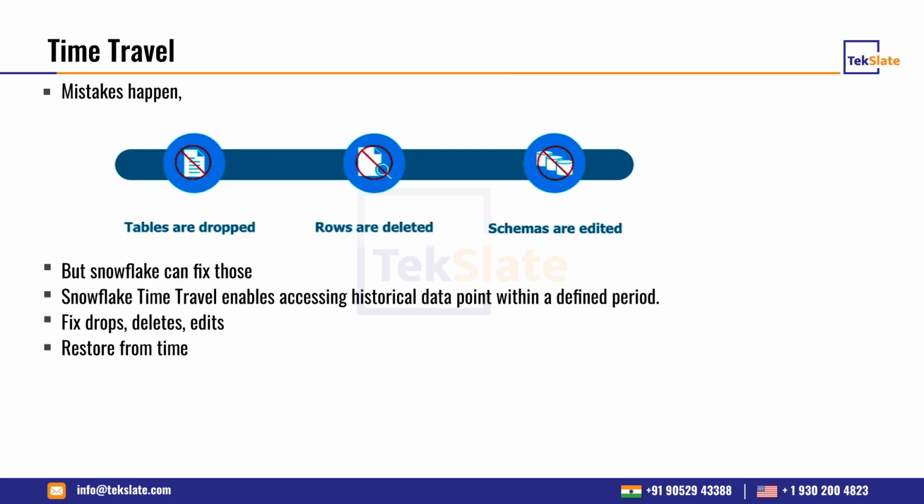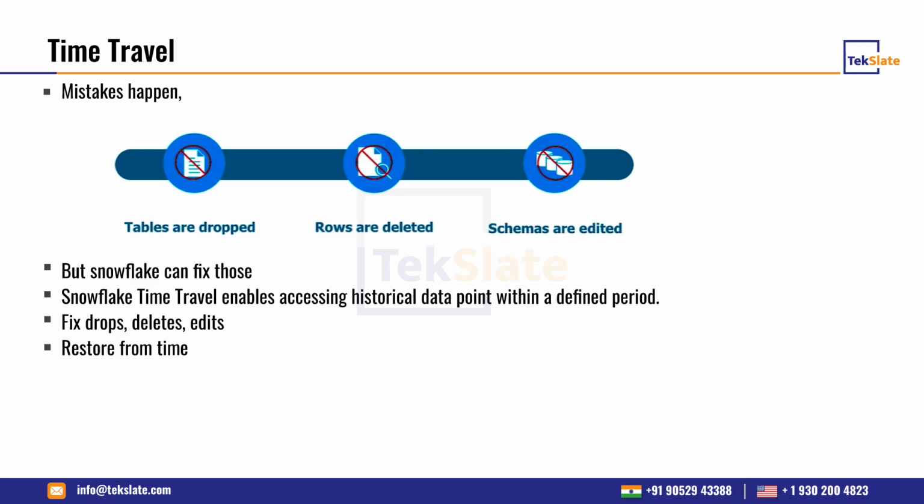Time travel. One more key feature of Snowflake is time traveling. So if there is a table, and unfortunately you truncated that table, or you deleted some of the rows, or some schemas are edited, then how can we fix it? In Snowflake, you can do a time travel. There are two types of time traveling.